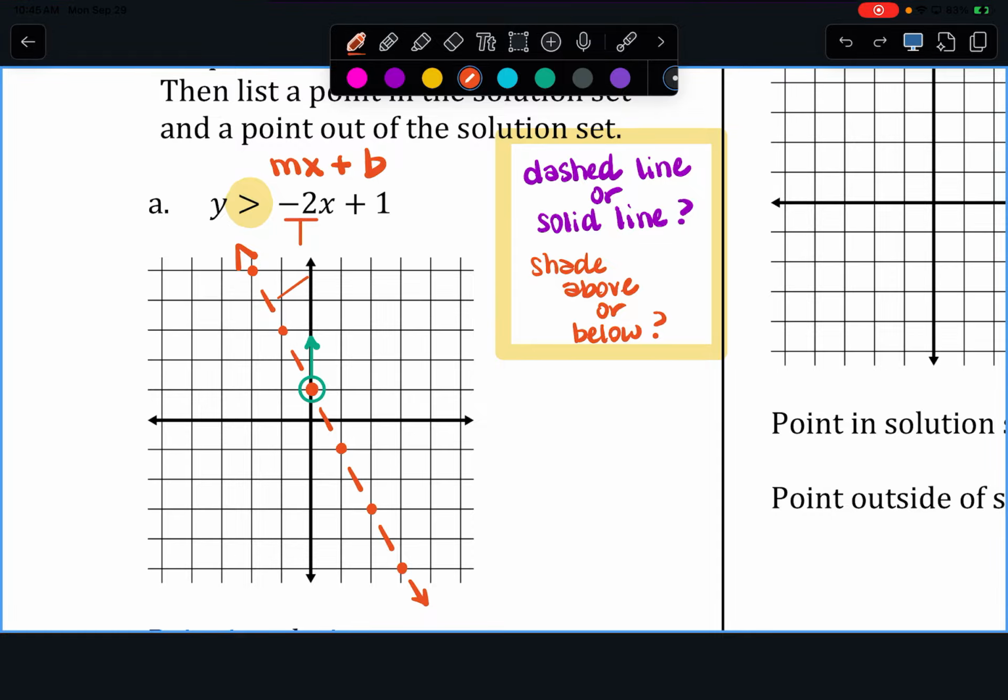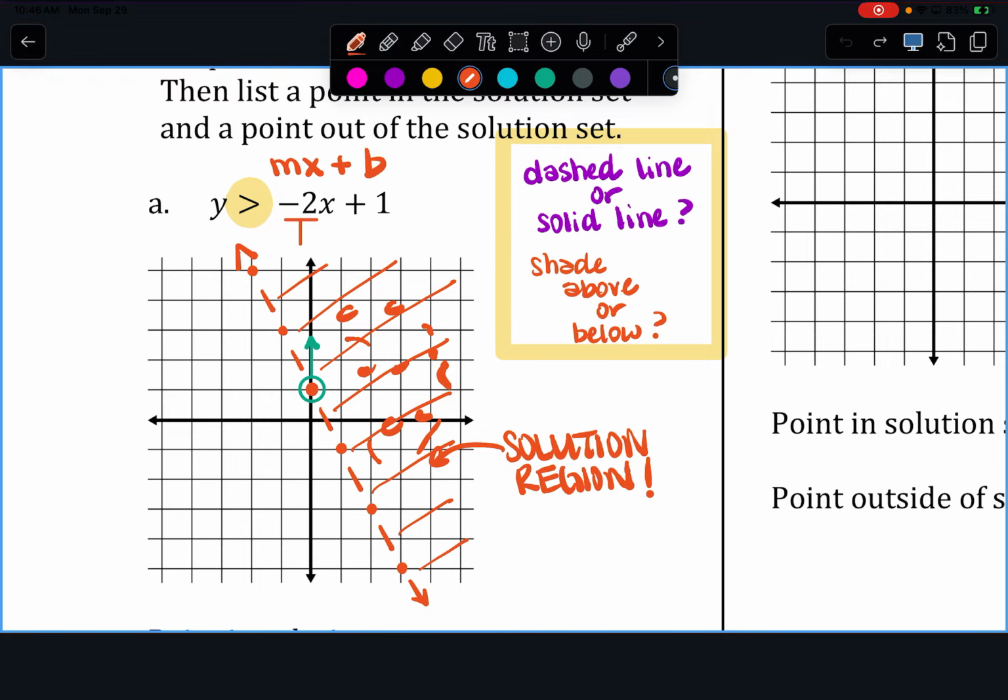And so this is the side I'm going to shade. And again, you can scribble it, you can draw some lines. I just have to be able to tell which side you're shading. And remember, the whole point of shading is because that's your solution region. Inequalities have infinite solutions, and so all your infinite solutions are every single point that lies in that shaded space.